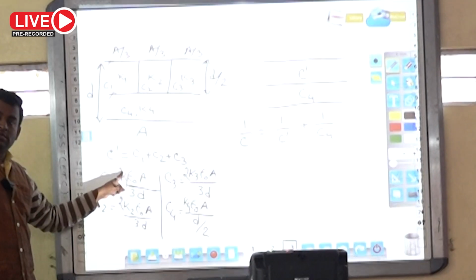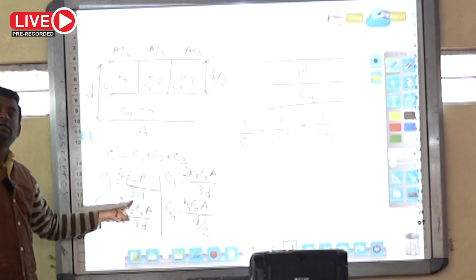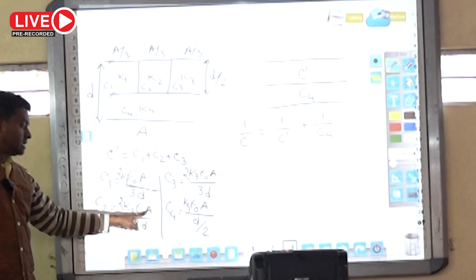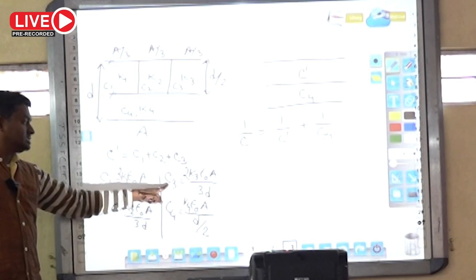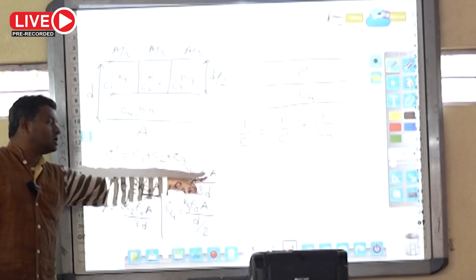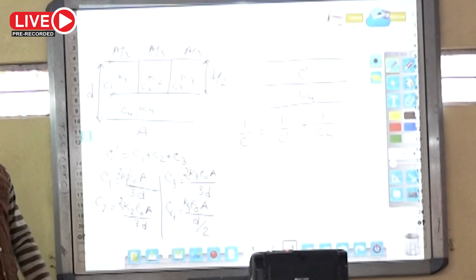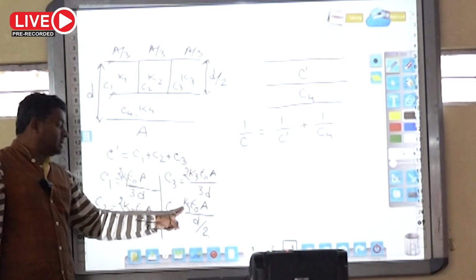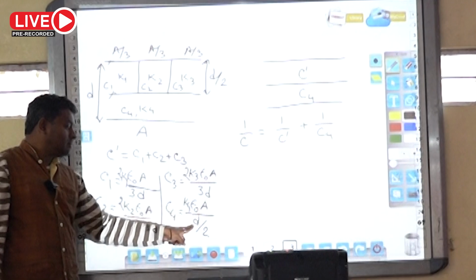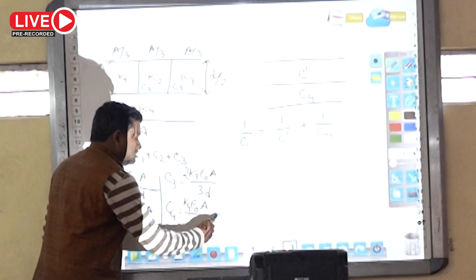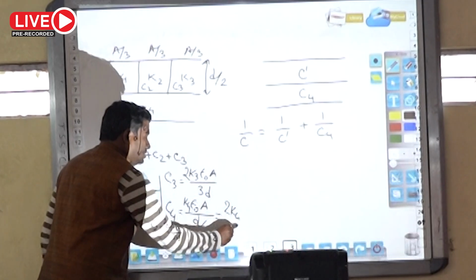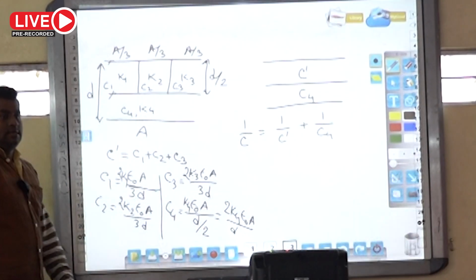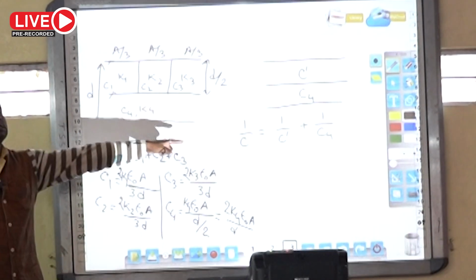So 2 will come in the numerator and 3 will come in the denominator. Okay. So C2 will be 2K2 epsilon naught A by 3d. C3 equal to 2K3 epsilon naught A by 3d. C4 area is A but length is d by 2. So it will be K4 epsilon naught A by d by 2, which can be written as 2K4 epsilon naught A by d. Now I will substitute all these values there.